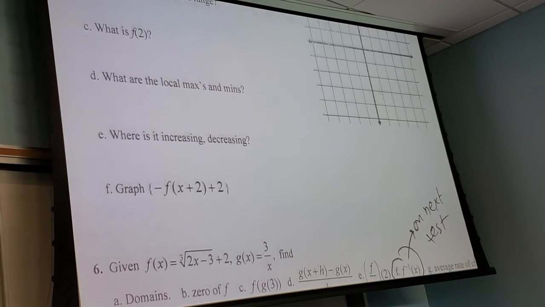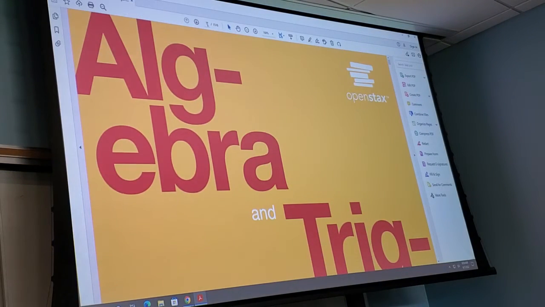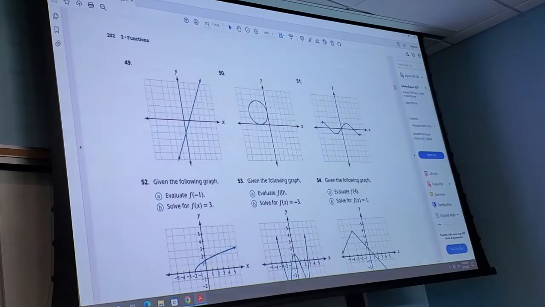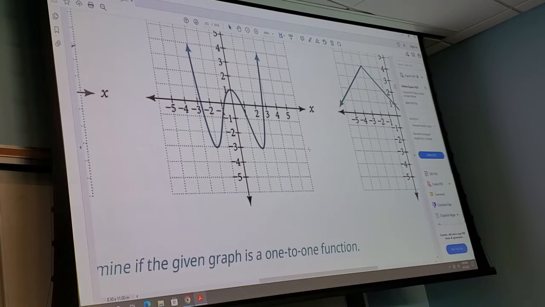There it is. And then page 212. All right, number 53, I believe, right? Okay. So ignore the questions on this page. I'm asking different questions about this thing.